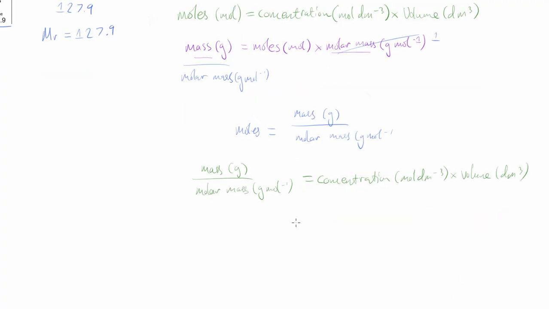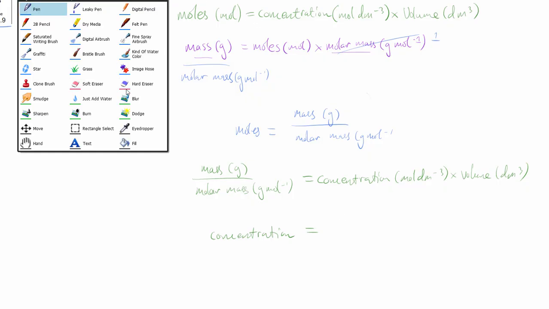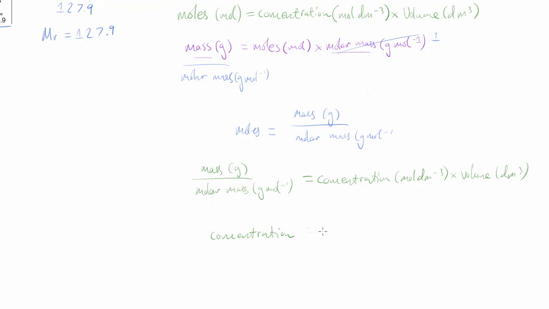Now we've got that in a format where we still haven't actually made the concentration the subject of the equation. So we're going to divide both sides now by the volume, right? And if we do that, what we get is concentration is equal to the... I am actually going to keep the units in here because it's quite important in this case, and we'll get to that, rather than just skipping that.